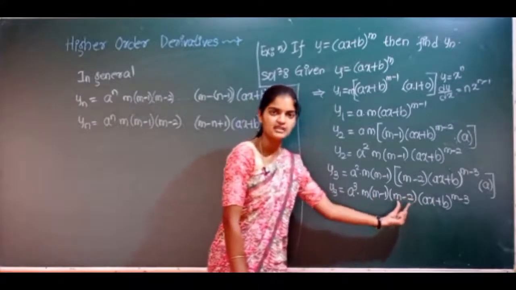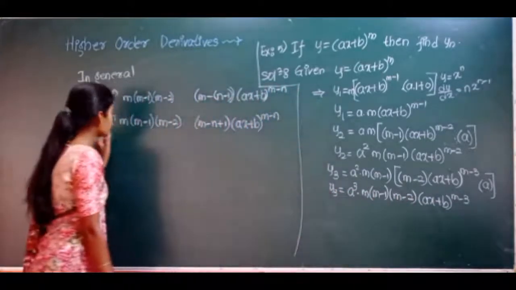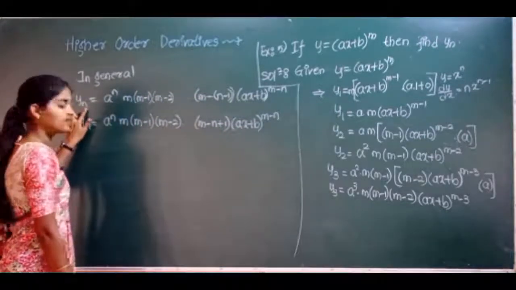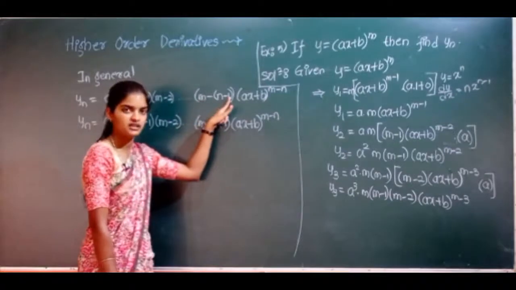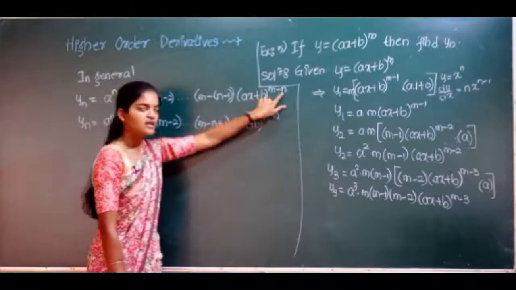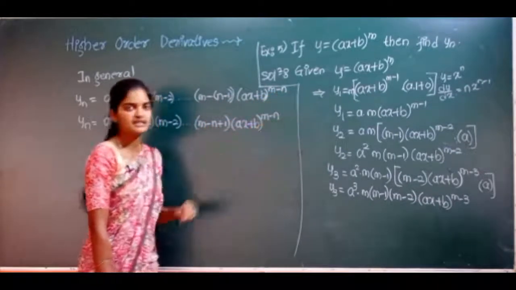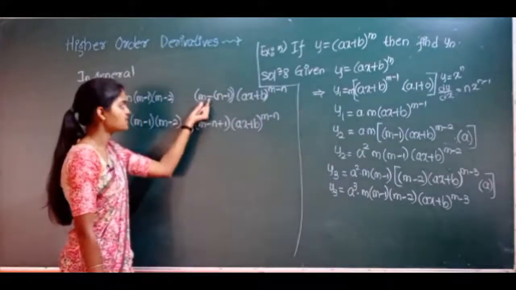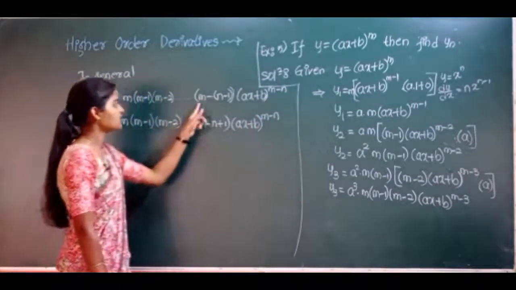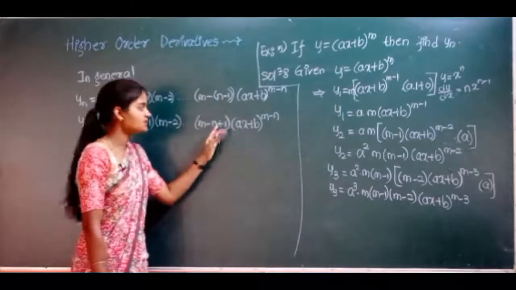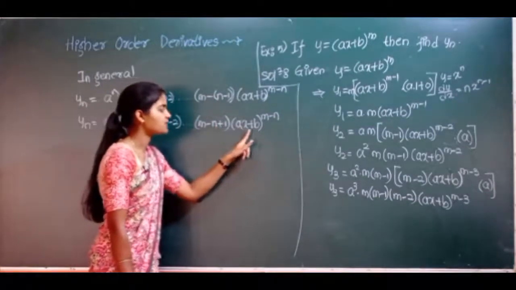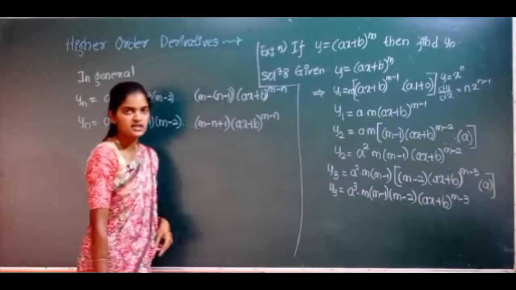Therefore, in general for the nth term, we have to take one less, that is m minus n minus 1. And m minus n you get easily by seeing itself. In the next step you just take m minus n, and again minus into minus is plus. You apply this and ax plus b raised to m minus n.